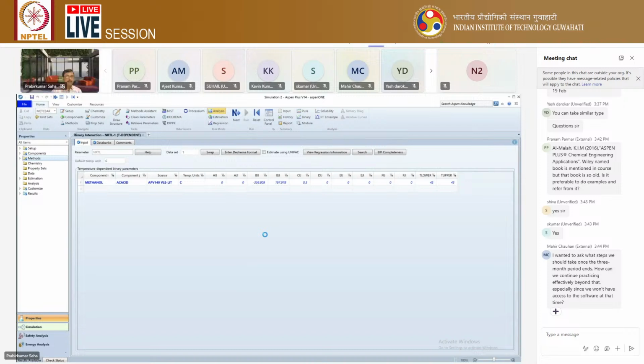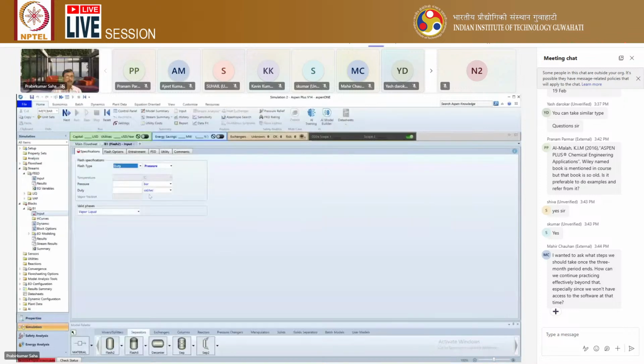Very general example. Block B1, you separate it at, say, don't take temperature, take a heat duty of say 1 kilowatt. Okay, kilojoule per second and kilowatt is same. Kilowatt and pressure 1 bar.